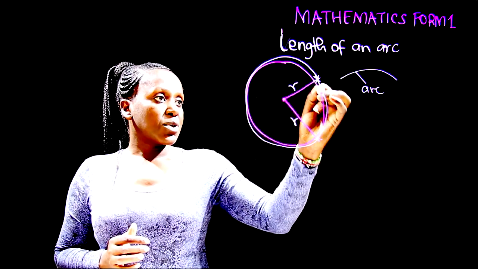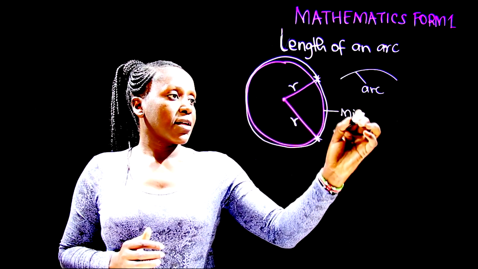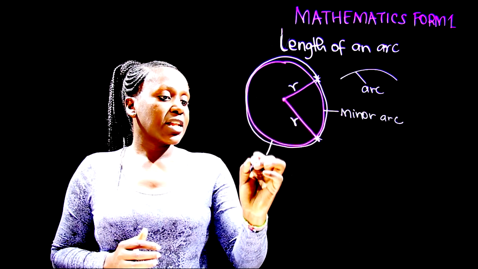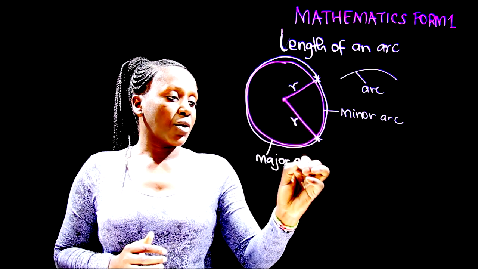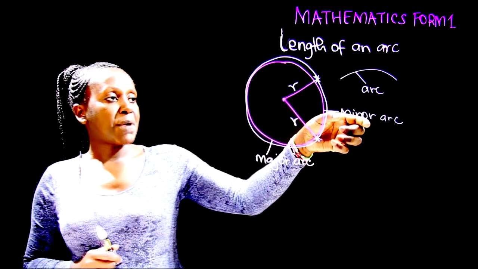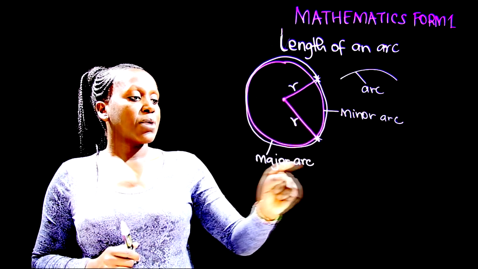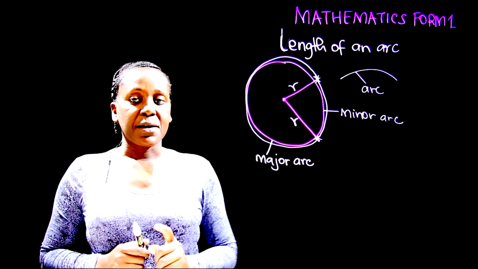We have this one, which is the smaller one. So this one is known as the minor arc. And then the one on the other side is known as the major arc. All right. So here we have a minor arc that begins from here all the way to here. Then we have a major arc which begins from here all the way to the other side.